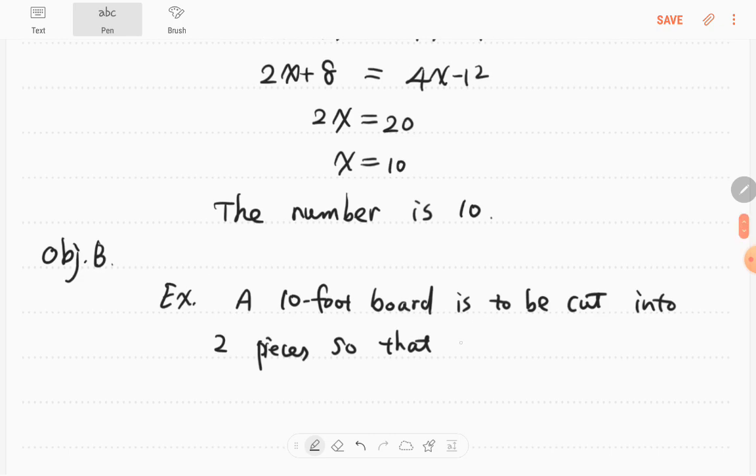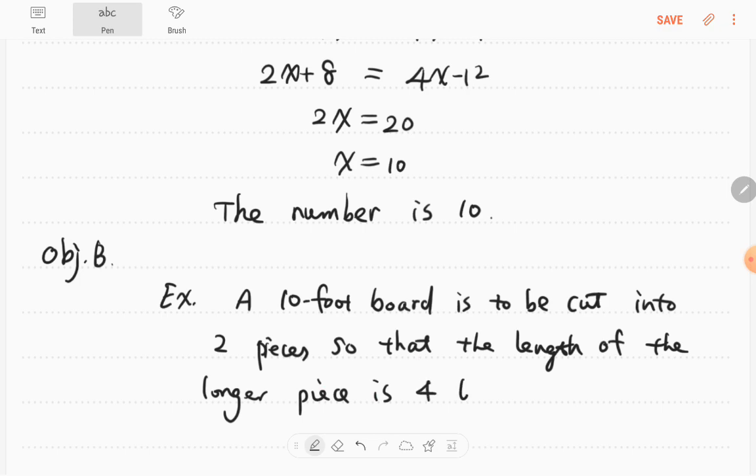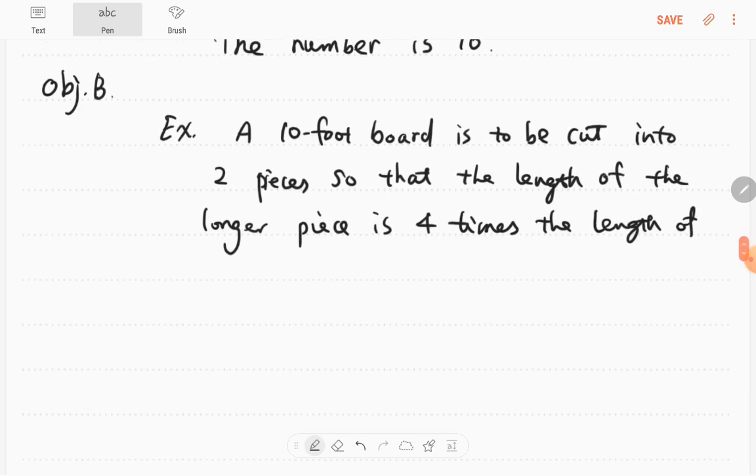The length of the longer piece is 4 times the length of the shorter piece.